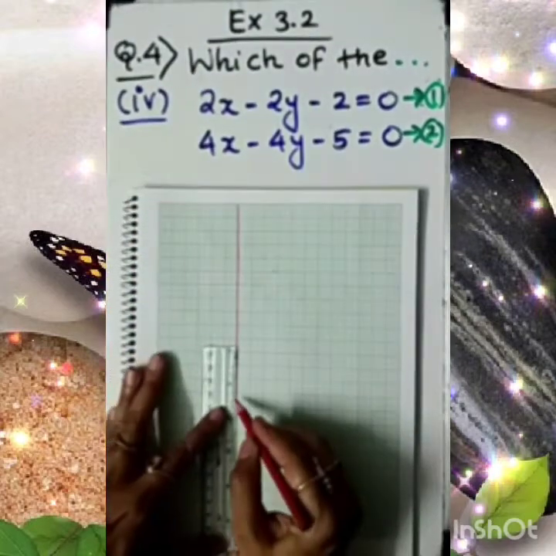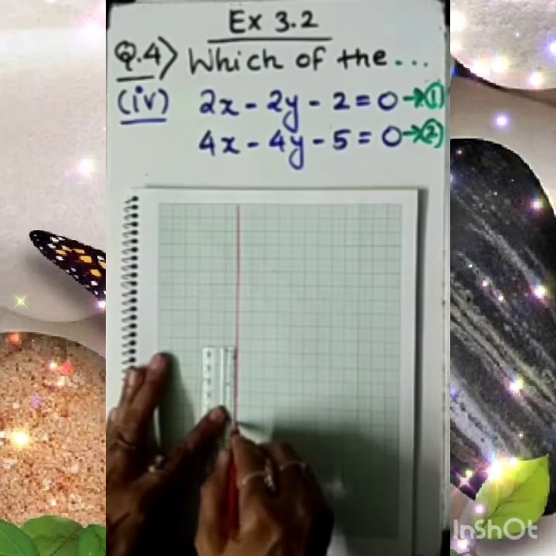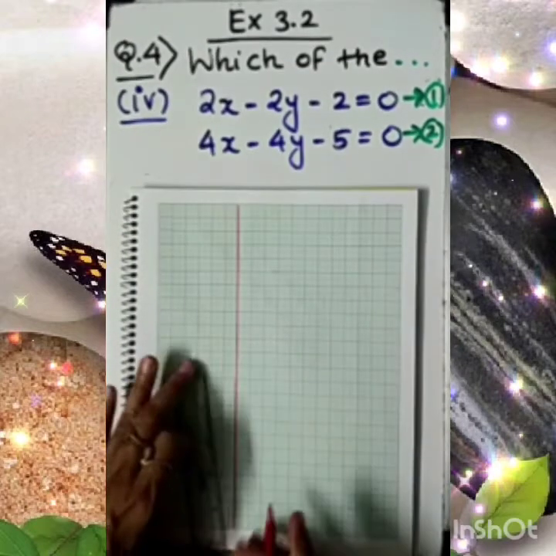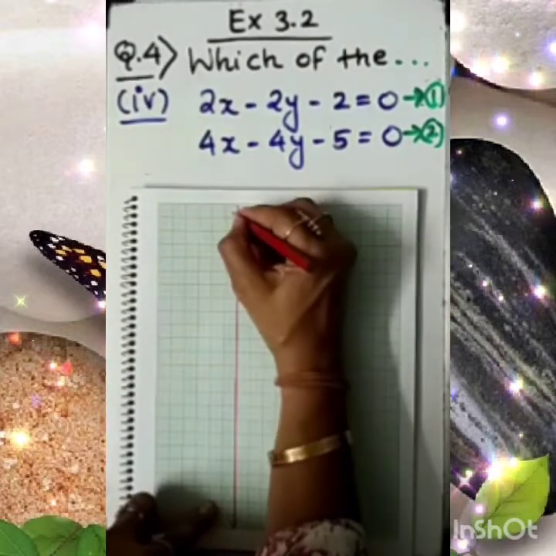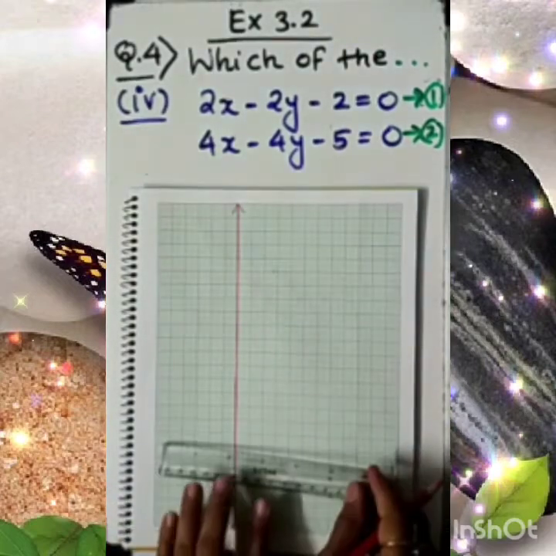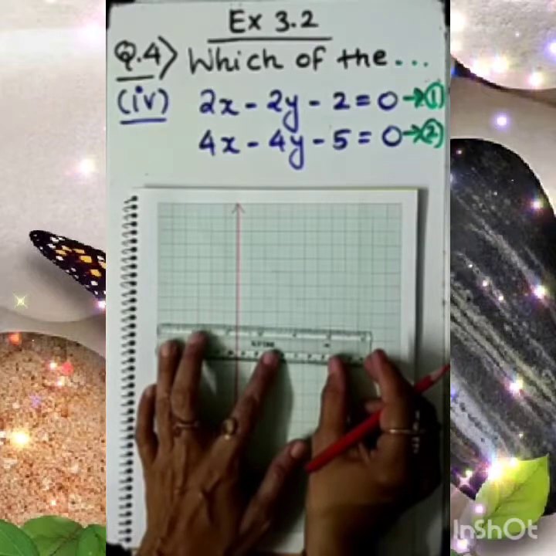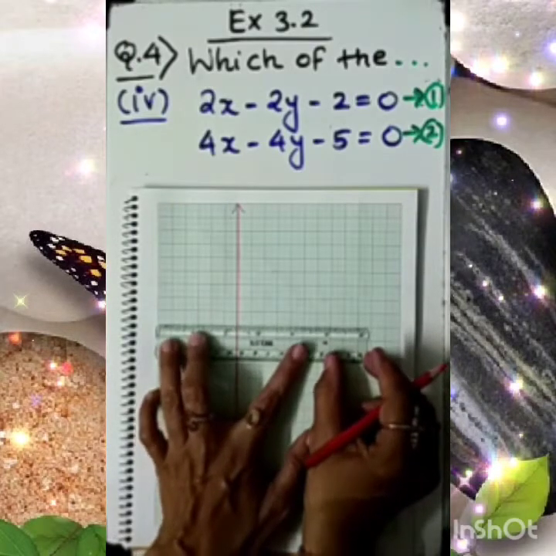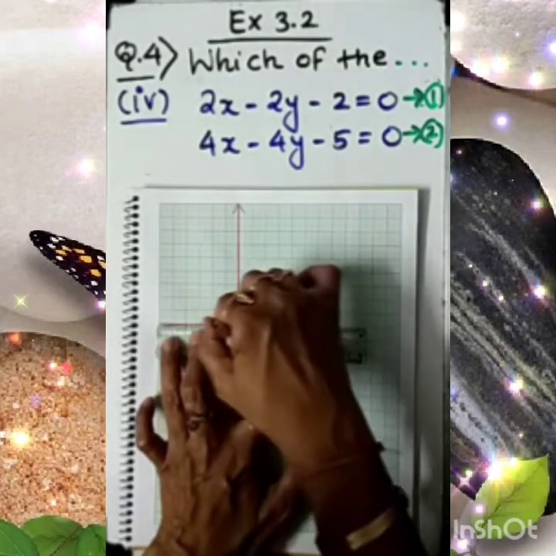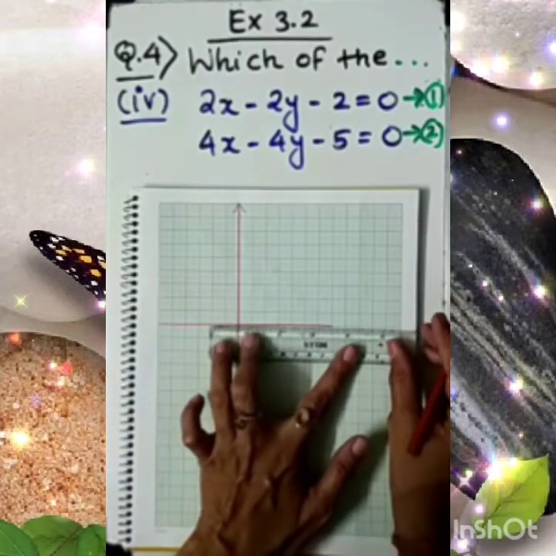Just see why I am choosing this. Afterwards, when gradually you get good practice, you will be able to say in which quadrant we need to locate the particular point. So here I would like to choose this. Here I'm choosing this line as the x-axis.